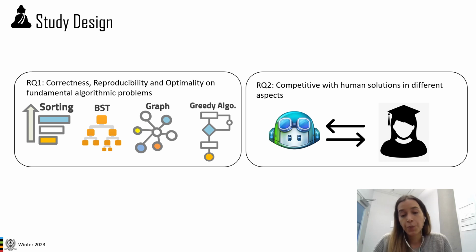Even developers, before joining a project, will be assessed on such fundamental algorithmic problems. And in the other part of the study, we compare Copilot with humans to see how competitive its code is with humans in different aspects.